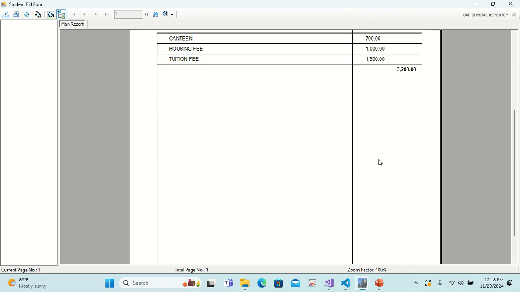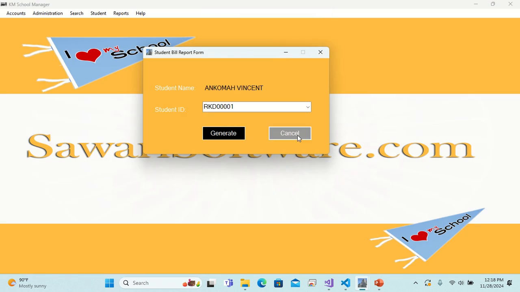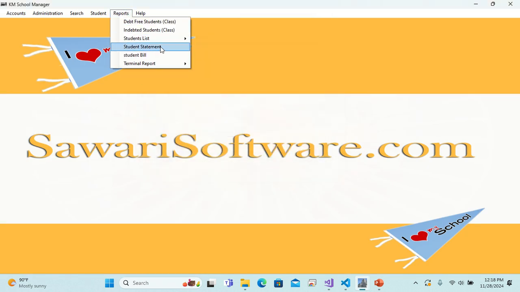So for each student, they get something like this. So you print it out for them, they give it to their parents, and the parents know that, okay, this is the fee breakdown of the school for this term, and this is why it will come to this amount. And again, as you said, you can generate their statement for them.